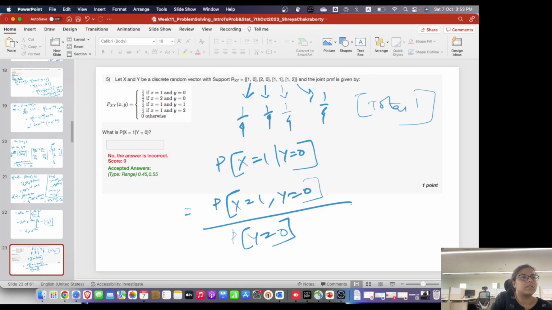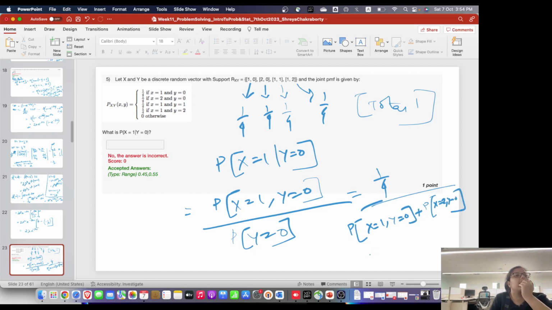Now x equal to 1, y equal to 0, this probability is 1/4, by probability y equal to 0, which is probability x equal to 1, y equal to 0 plus probability x equal to 2, y equal to 0. This is by the theorem of total probability.